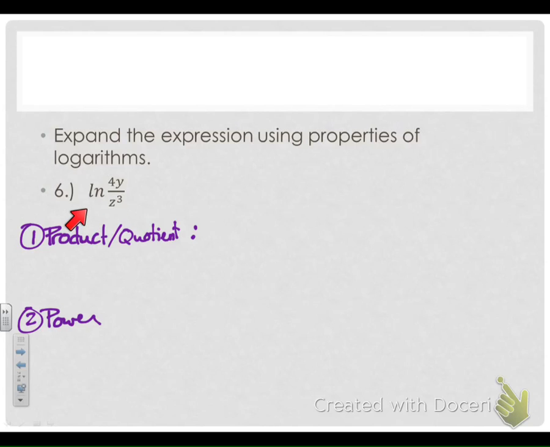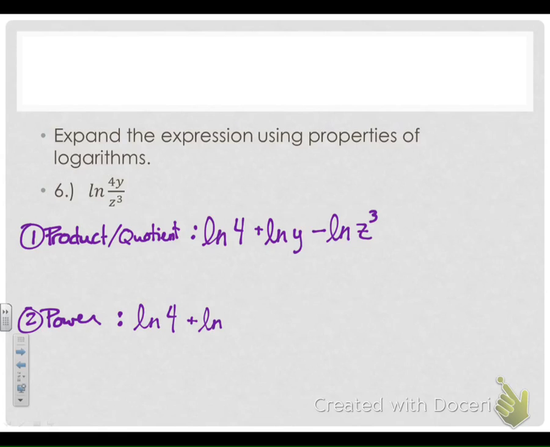And I'm going to use ln, natural log. So I'm going to have the natural log of 4 plus natural log of y minus natural log of z cubed. Notice how I separated the product with a plus sign, separated the quotient with a minus sign. Now I'm going to take care of that power, and final answer, natural log 4 plus natural log y minus 3 natural log z.